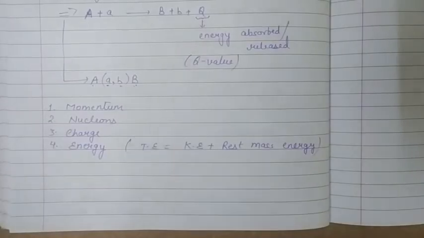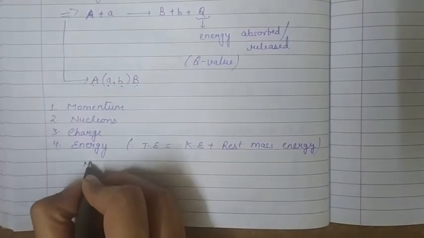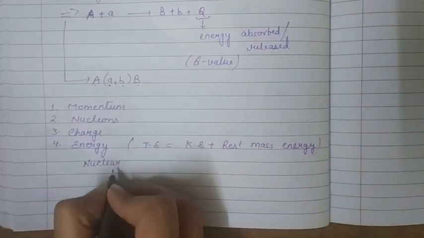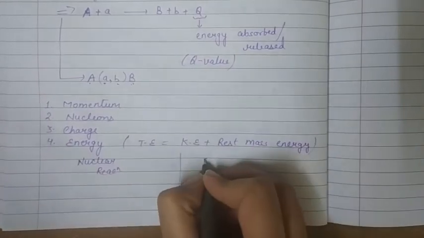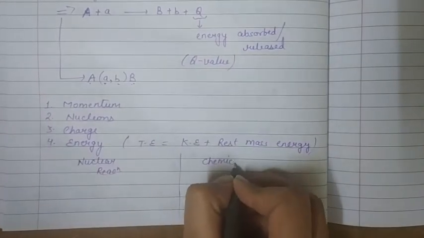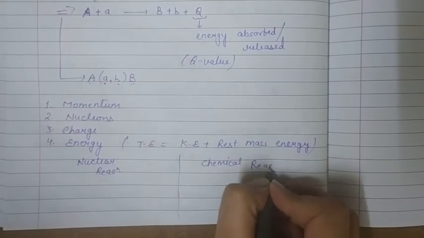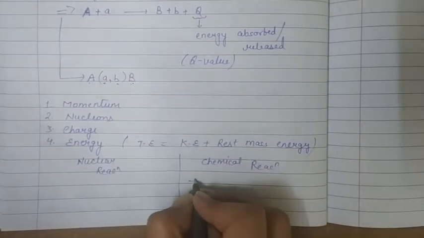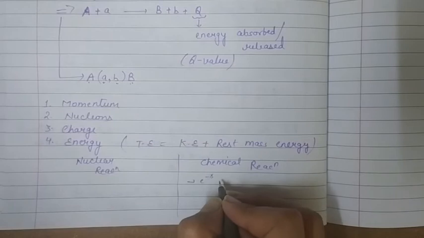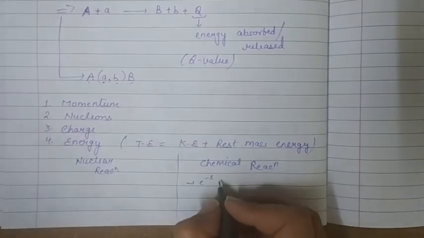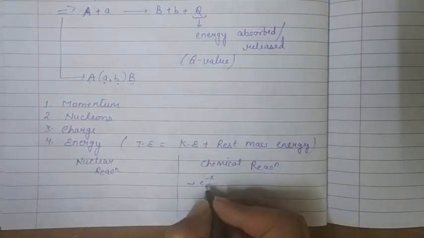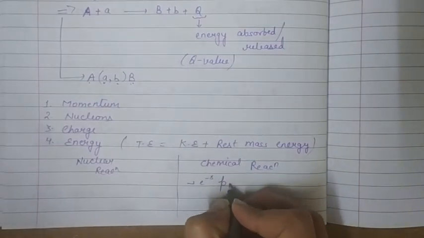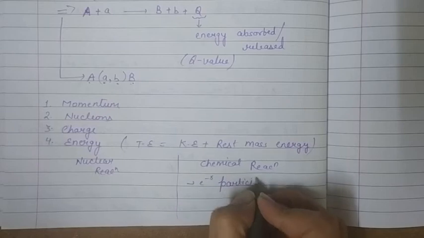If we compare nuclear reaction with chemical reaction, then we get two major differences. In a chemical reaction, only the electrons of atoms are involved. Whenever there is a chemical reaction, the electrons of the atoms involved participate in the reaction.